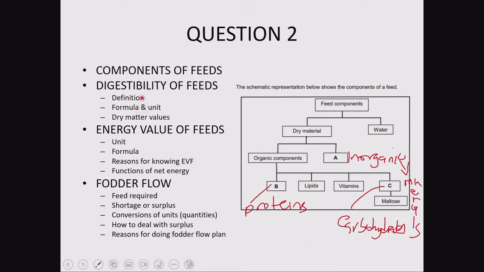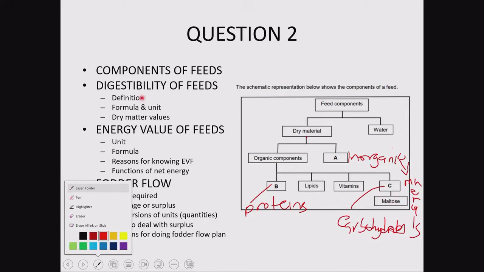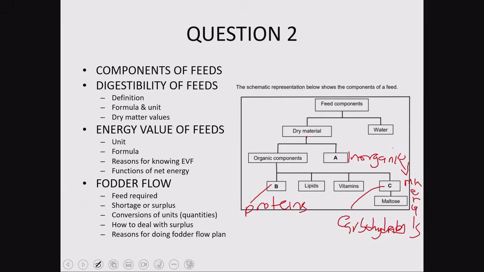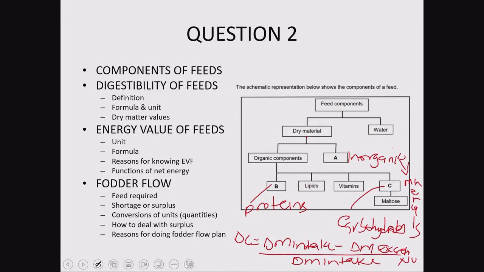You must write the correct formula for the digestibility coefficient. I will write it now. The formula for digestibility coefficient, we say DC is equal to DM intake minus DM excreted over DM intake times 100.